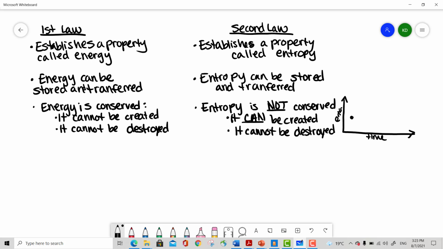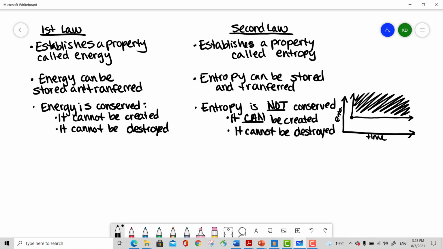So if we have entropy over a certain amount of time, and it starts here, if it can't be destroyed, but it can be created, it's either going to just stay here based on just these two, or go up, or anything in between.